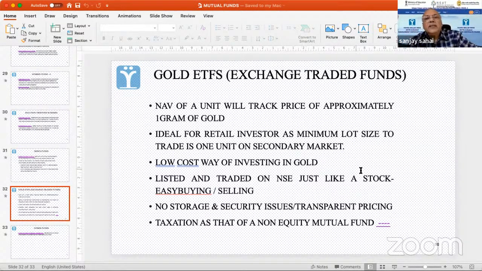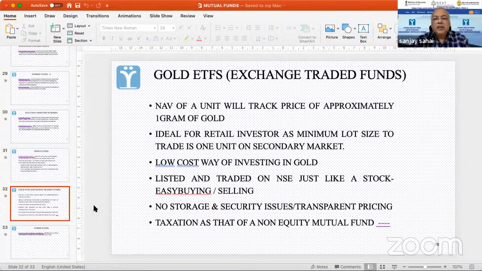So when you invest in a gold ETF, in practical terms you are investing in gold, and you are saved the trouble of storing the gold or anything like that. So it's quite easy that way.